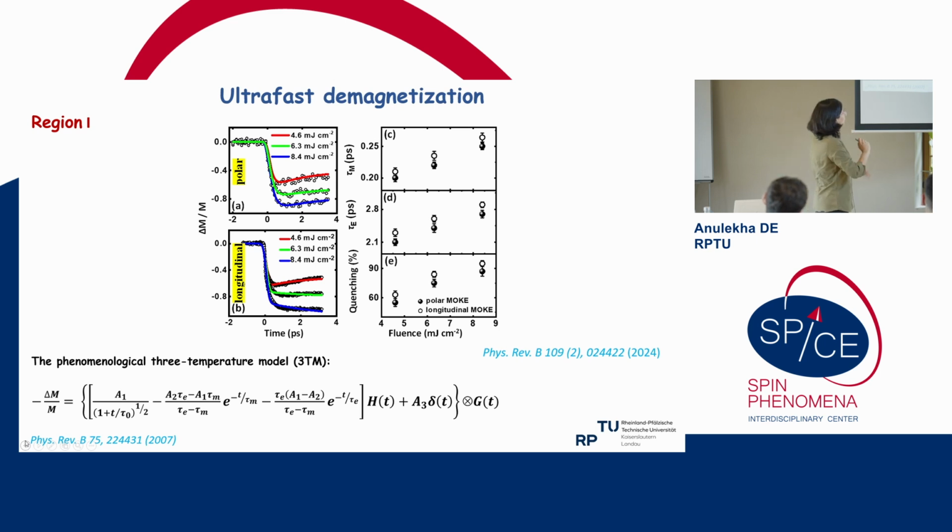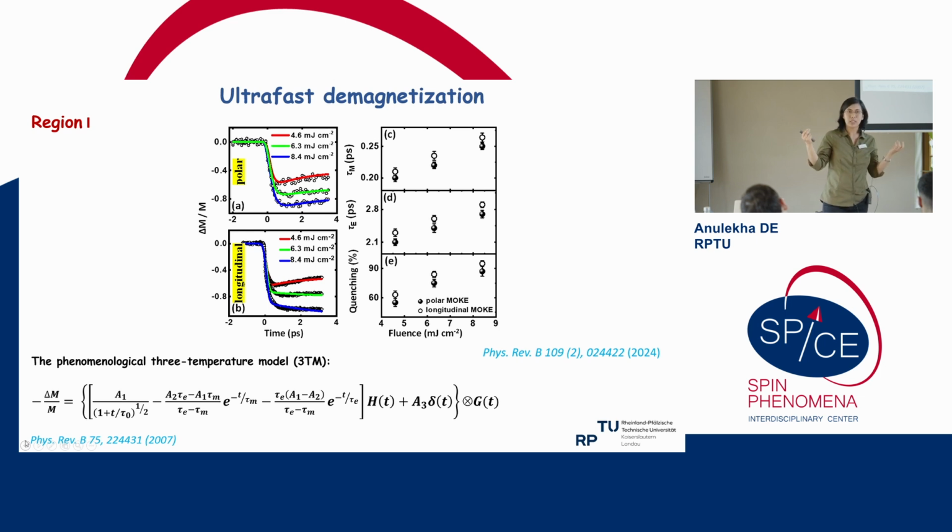We found that when we increased the pump fluence, the demagnetization time, remagnetization time, as well as the amount of quenching, increase steadily. As we have deposited the sample on an insulating substrate, no spin transport is possible, and the extracted values of demagnetization times are basically slow.